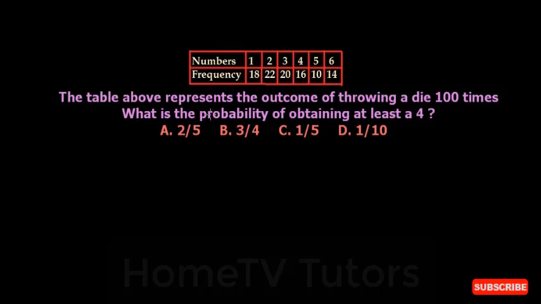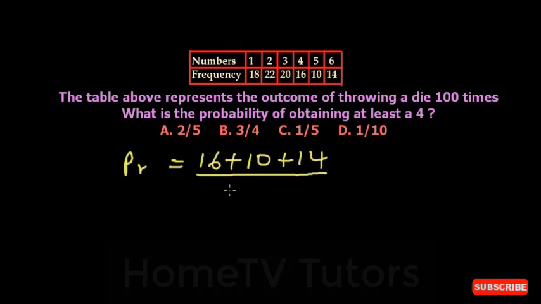The table above represents the outcome of throwing a die 100 times. What is the probability of obtaining at least a 4? The probability of obtaining at least a 4 is equal to the number of possible outcomes, that is 16 plus 10 plus 14, to be divided by the total number of possible outcomes, which is 100 times.